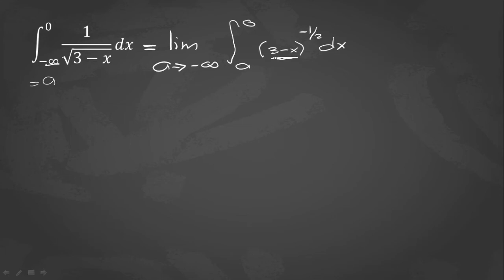We can apply integration by substitution here, but we can also use a shortcut where we look at this term and take its derivative, which is equivalent to negative dx. Thus, we have the limit as a approaches negative infinity multiplied by a negative, and applying the integration of a power, negative 1/2 plus 1 is simply 1/2.